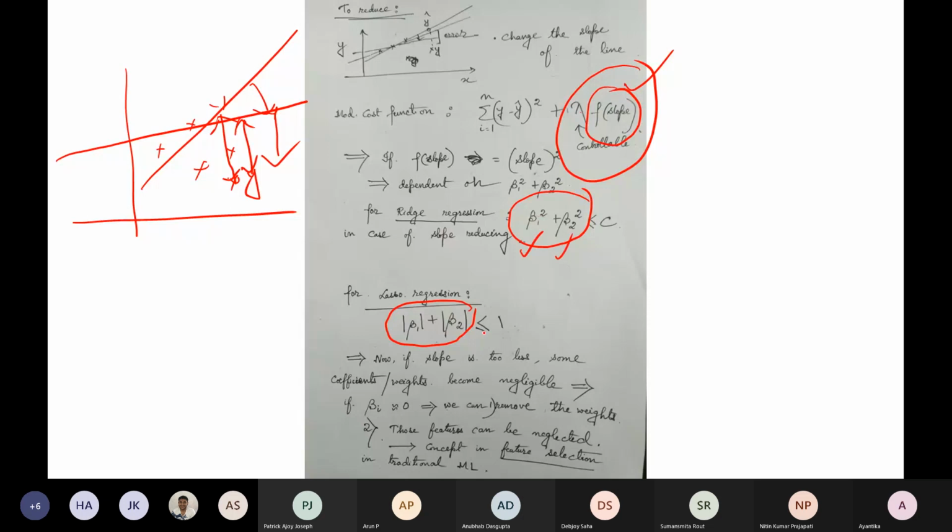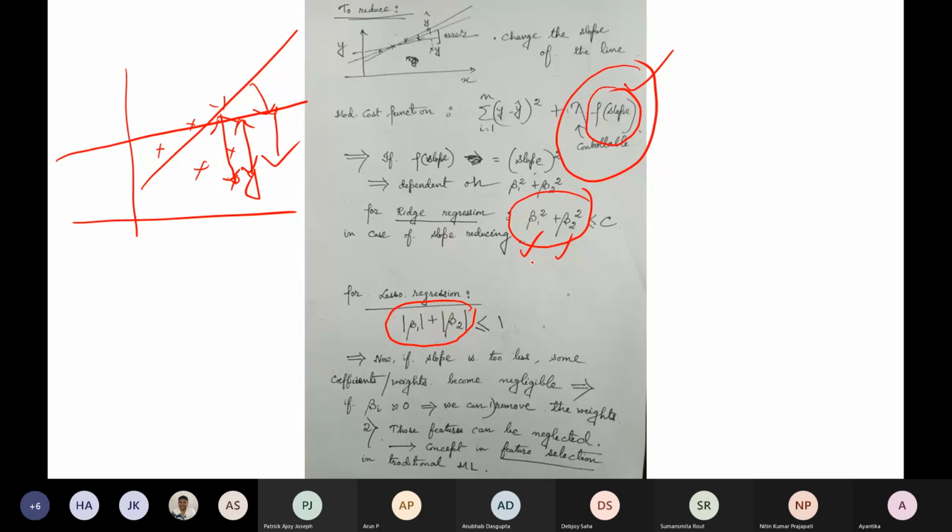Now, if you extend a bit, you are changing the slope. You are reducing this slope. That means you are reducing these parameters also, this beta 1, beta 2.